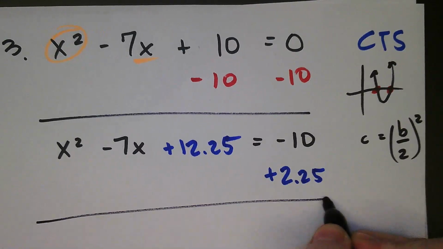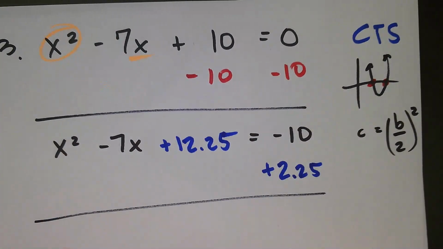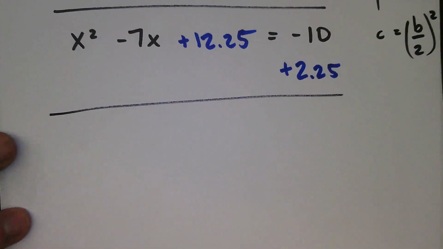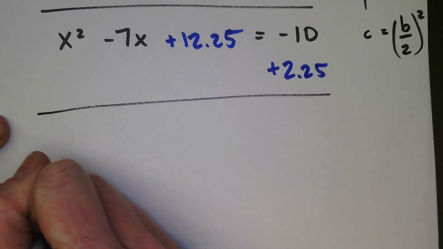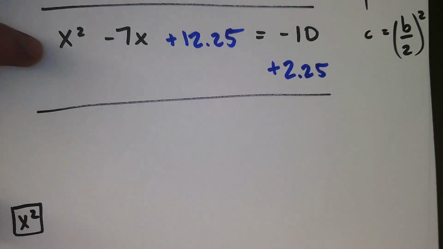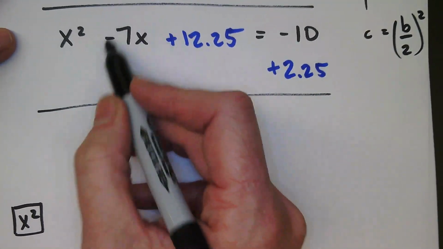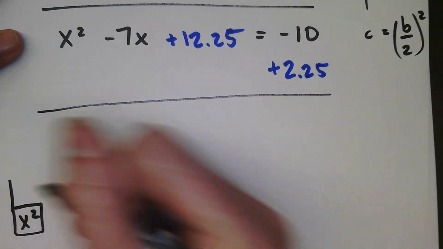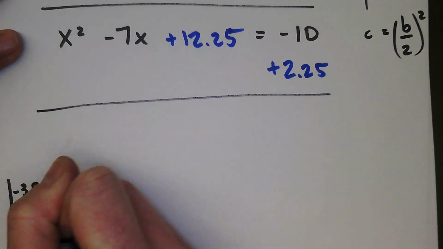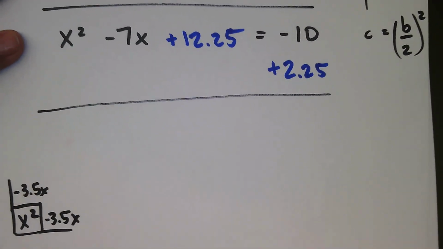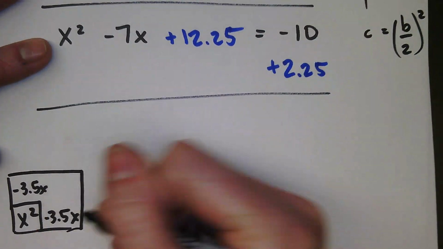Now, if you just like the algorithms, you're probably totally fine with just doing this, finding that number, and multiplying it out. But for a lot of people, it makes sense to really see what we're doing. With that x squared term, which would be like a square block, I'm then going to build with my 7x's, the same amount going this way and this way, so negative 3.5x and negative 3.5x, in hopes to build a complete square.